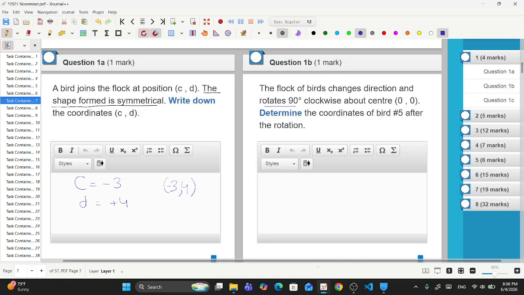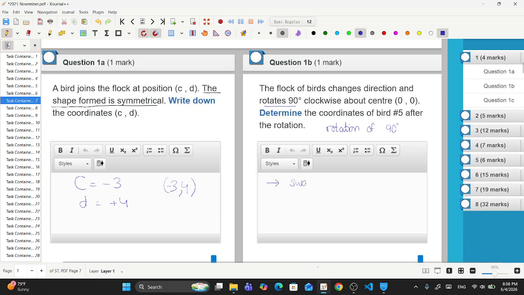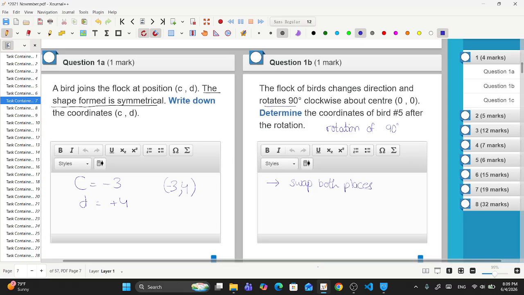You should know that when there is a rotation of 90 degrees, there are two rules that you are supposed to follow. The first one is that you have to swap both of the places, and the second rule is that you have to change the y sign.